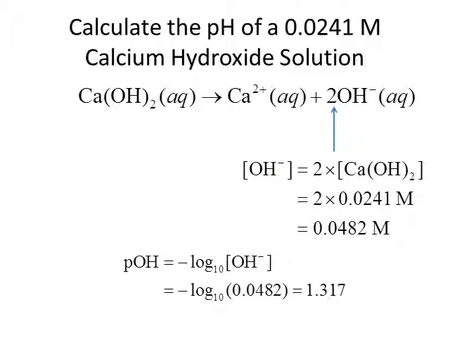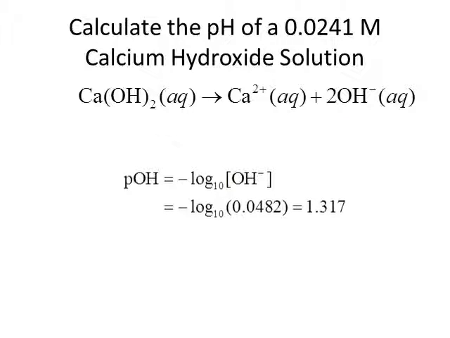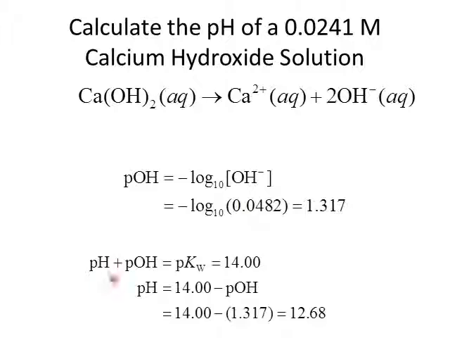Now, given this value of pOH, we can use the formula pH plus pOH is 14, and then pH is 14 minus pOH. We're assuming it's at 25 degrees C here, and plugging in this value of pOH, we find that the pH is 12.68.